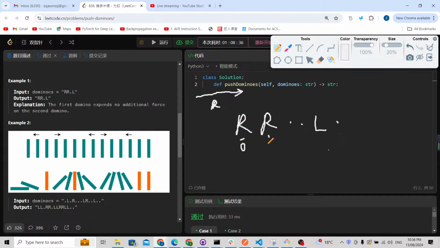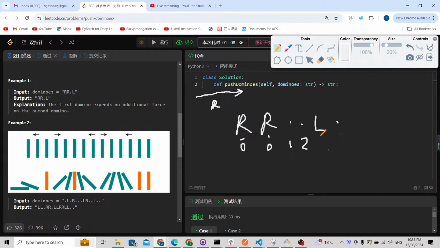And for this position, the closest R, including itself, is R itself, so the distance is going to be 0. What about this dot? The closest distance to the R is going to be 1. And what about this dot? The closest distance to this R is going to be 2.